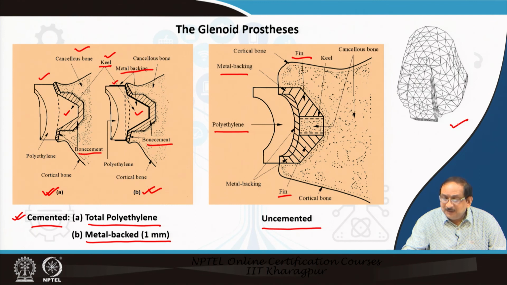A finite element representation of the cemented glenoid prosthesis is represented on the right hand corner of the slide.